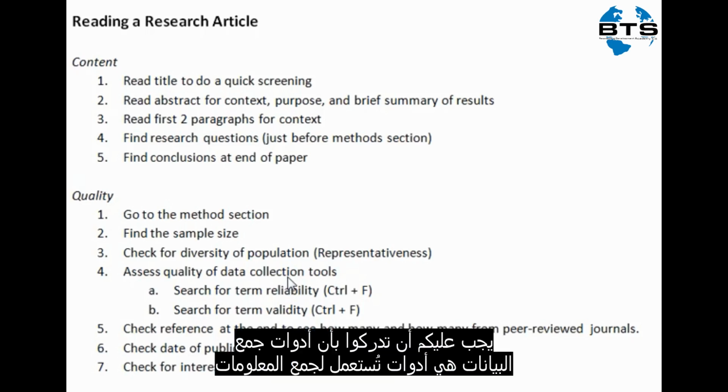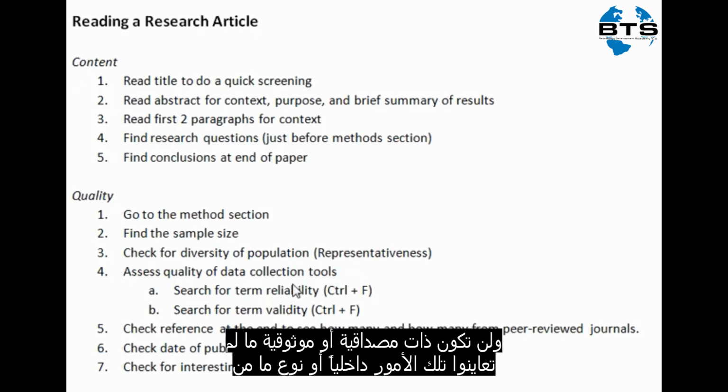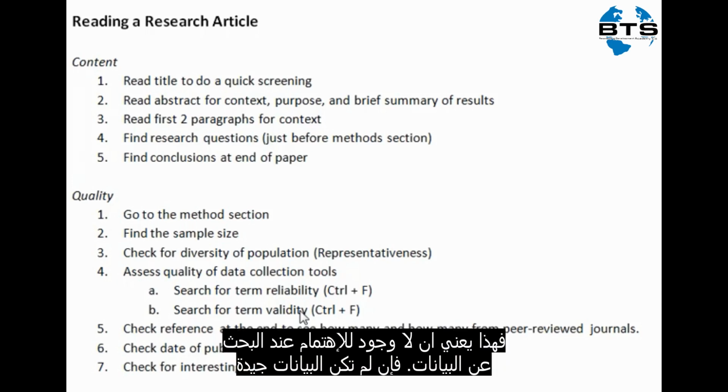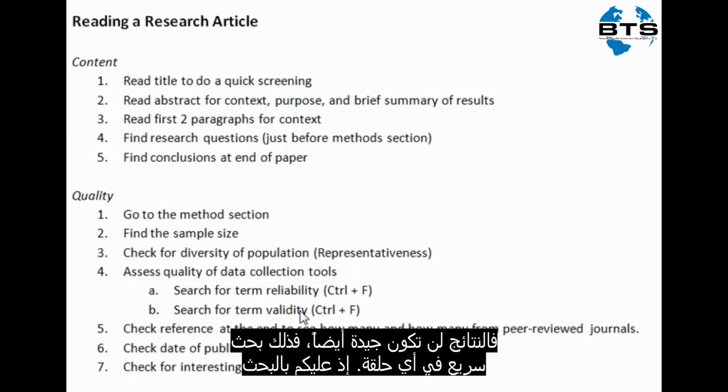If the tools used to collect information are not reliable or valid, if you don't see internal reliability or some sort of construct validity, and you don't even have to know what these terms are, then care has not been taken to look at the quality of the data. And if the data isn't very good, then the conclusions aren't very good.